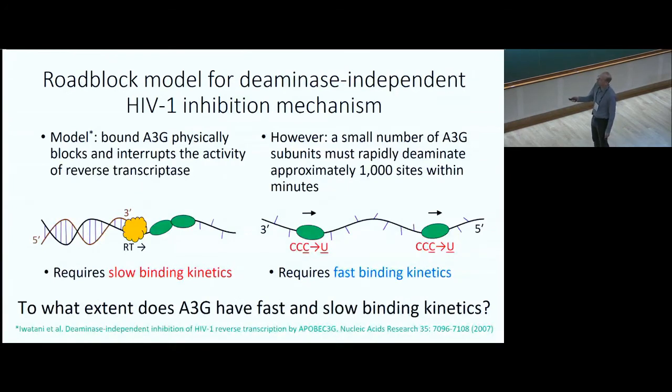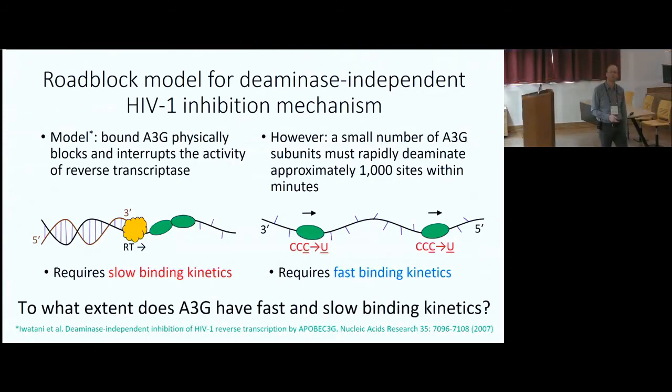However, it can't be slow because it has to scan the entire genome and find all the CCC sites along the genome and modify them for its deamination. And that requires fast binding kinetics. So it's a contradiction.